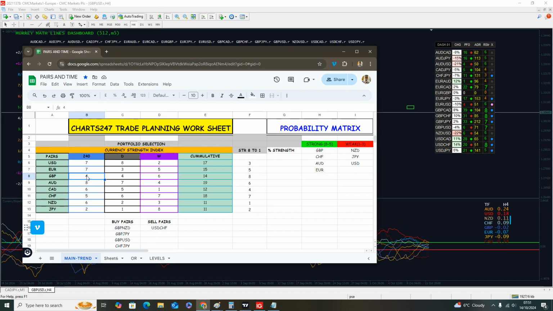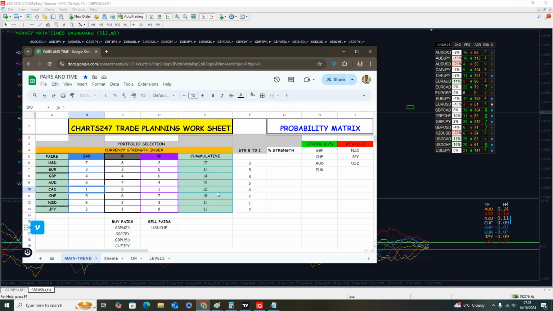Euro is 3. Now we're seeing the changes. The JPY is 2. The CAD is 1. So we can see CAD is 1 on these 3 time frames.